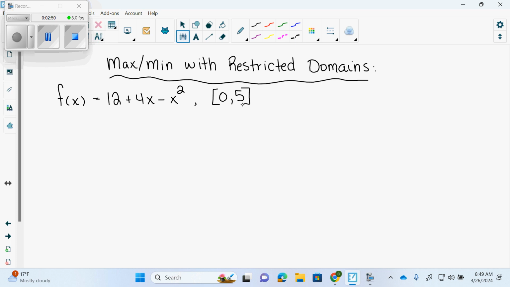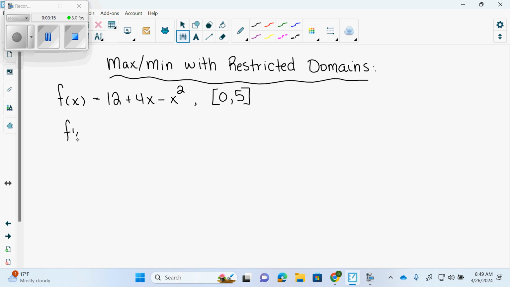So I want to know the absolute max and mins. So I'm still going to have to go look for my critical numbers to get my max and mins, yes? Then I'm going to have to take my endpoints and those two critical numbers and find all the y values, correct? In order to figure out which is the highest and which is the actual lowest.